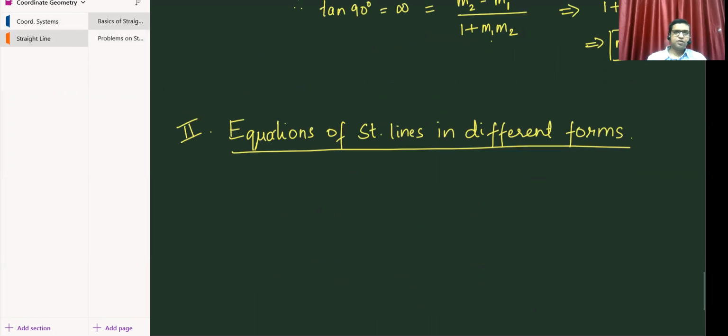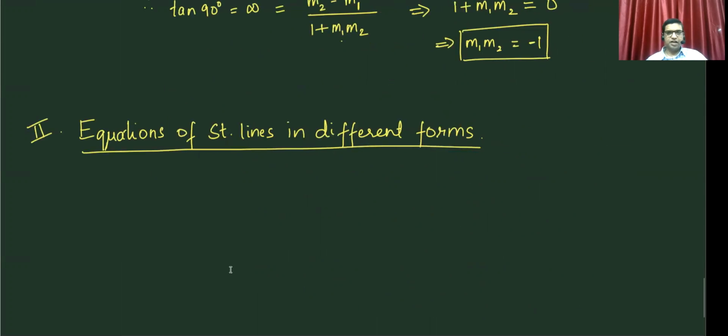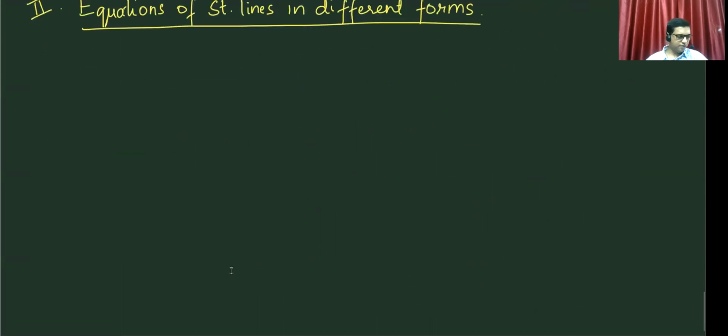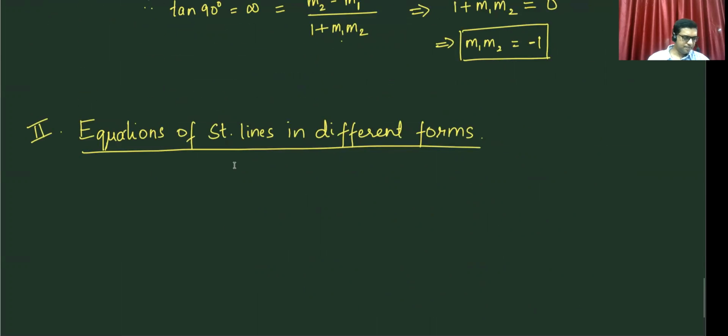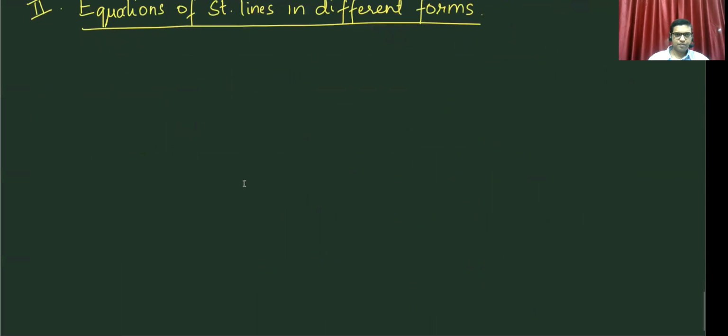Now let us go to equations of straight lines in different forms. Very, very important. The first type, lines parallel to axis.